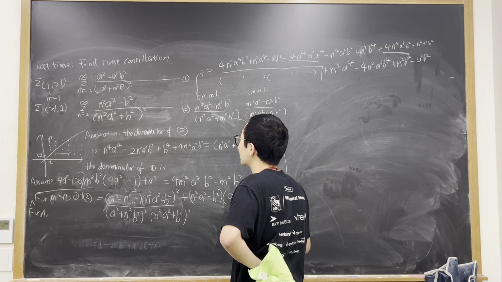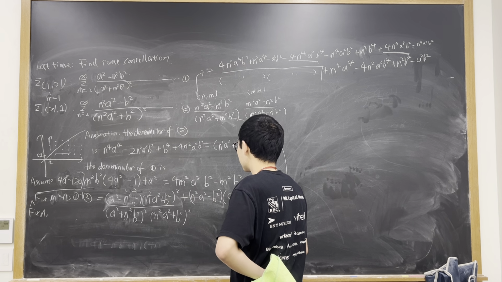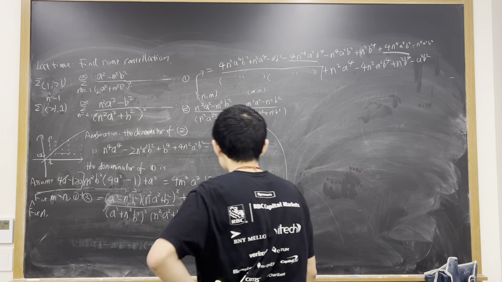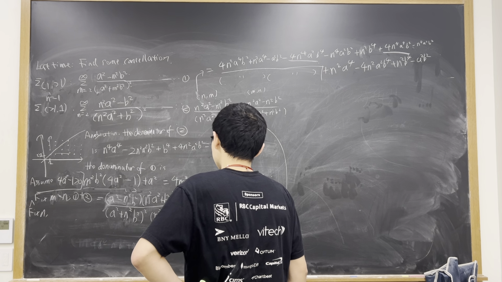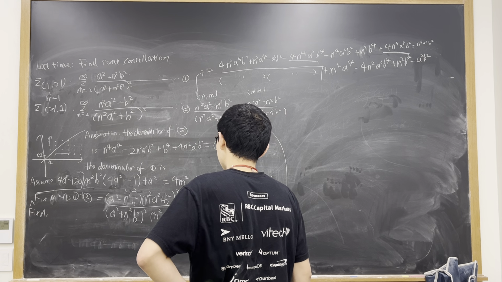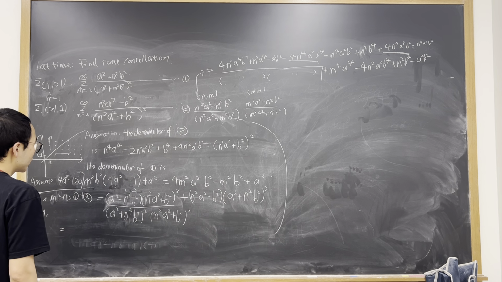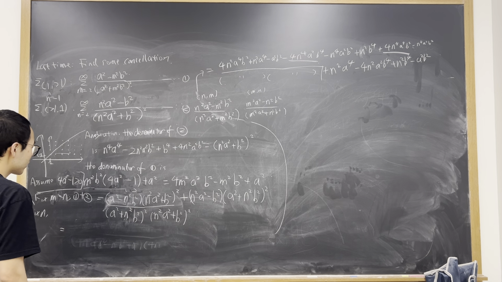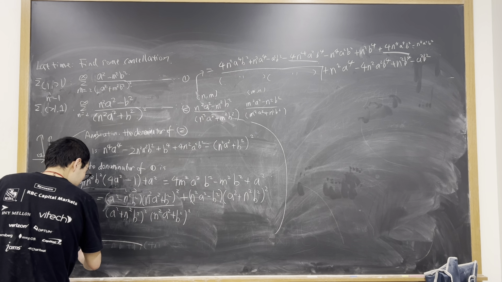And then a squared and a squared plus n squared b squared squared. So I think the denominator is the same.